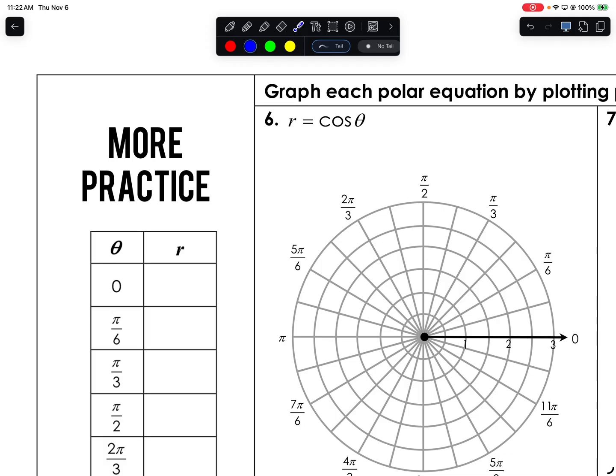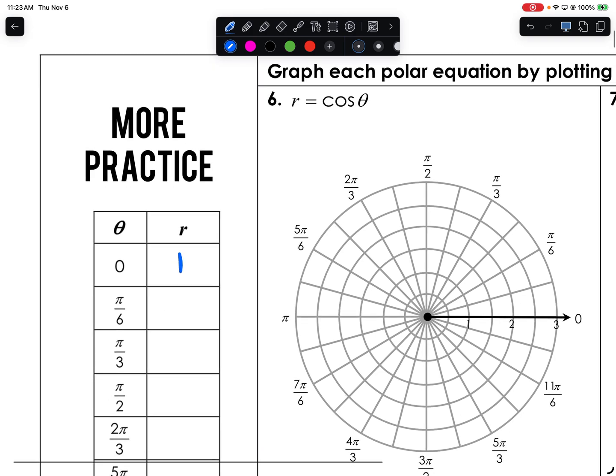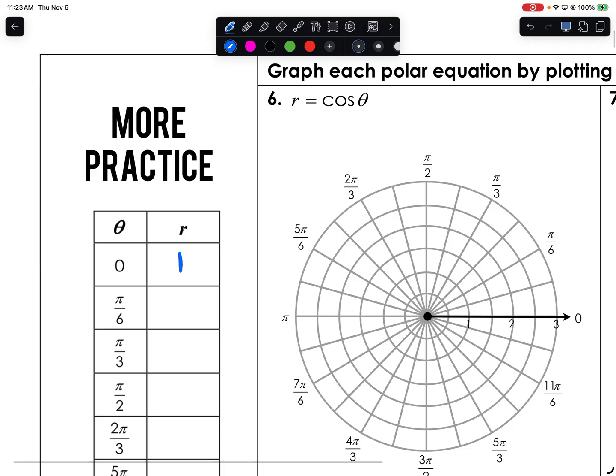Okay, are we good? Ready to go? Cosine, when the angle is 0, what do we get? The x value at 0 is 1. I don't multiply it by anything, right? Because there's nothing in front of cosine. Pi over 6, what's the cosine value? Root 3 over 2. Okay, that's about 0.9.